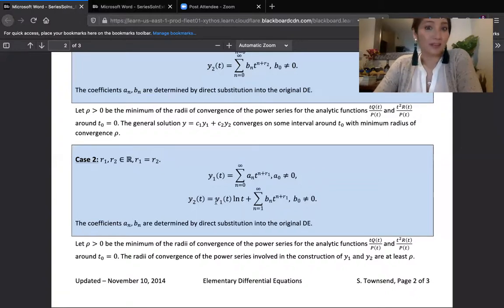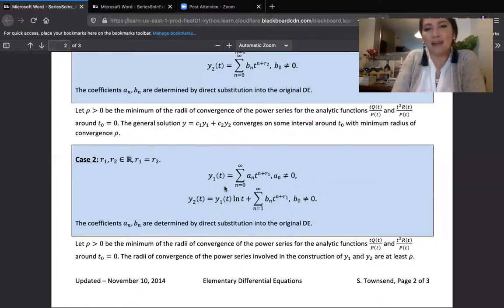And you'll keep doing that. You'll use the product rule. But you want to leave it in terms of y1 and y1 prime and y1 double prime. You don't actually want to work out what y1, y1 prime, and y1 double prime are, because, again, those terms are going to cancel because y1 is a solution to the original differential equation. So that's how we handle that.